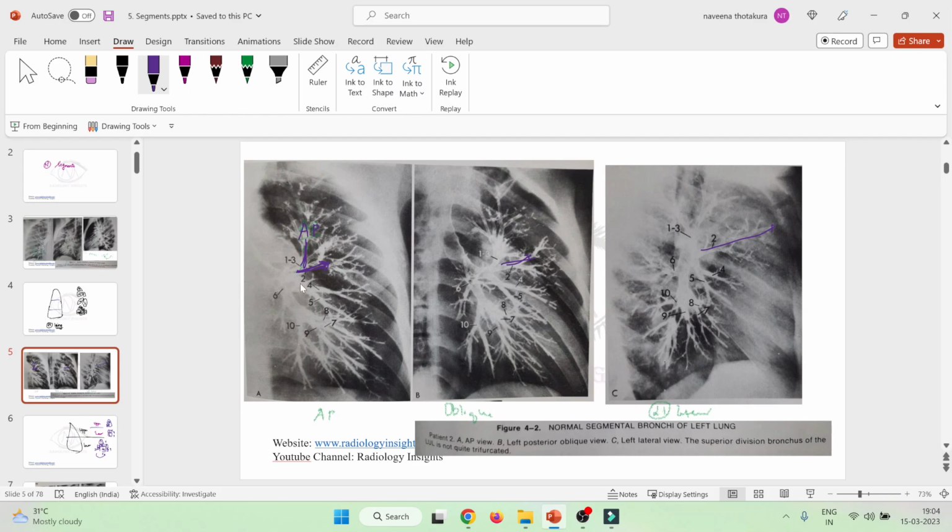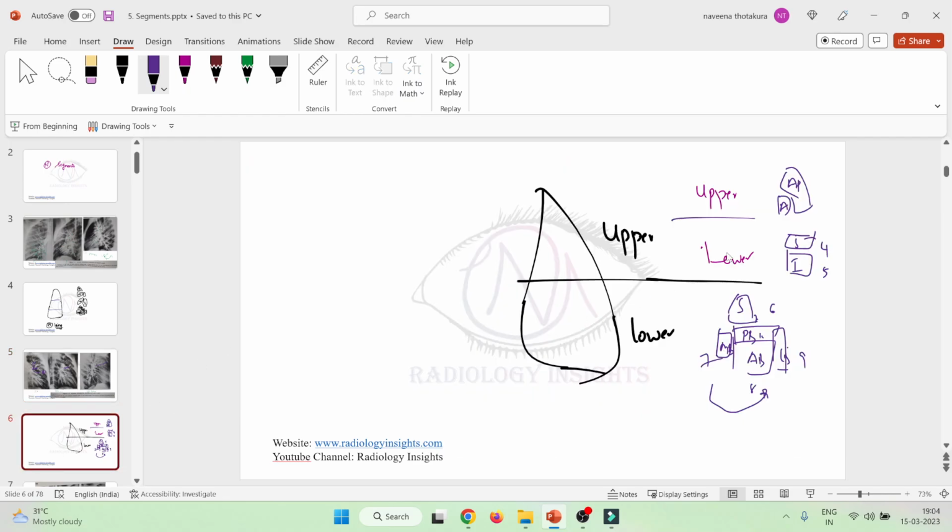Then we have the fourth. This fourth is actually the superior segment of the lower division of the upper lobe of the left lung.